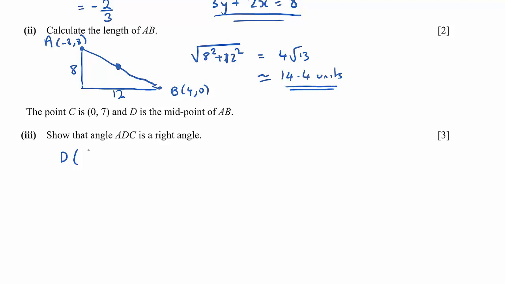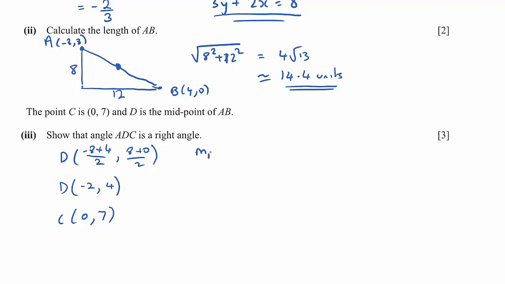So that's going to be -8 add 4 divided by 2, and 8 plus 0 divided by 2. So that's going to be (-2, 4). So that's D. And C we know is (0, 7). And we want to show that ADC is a right angle.